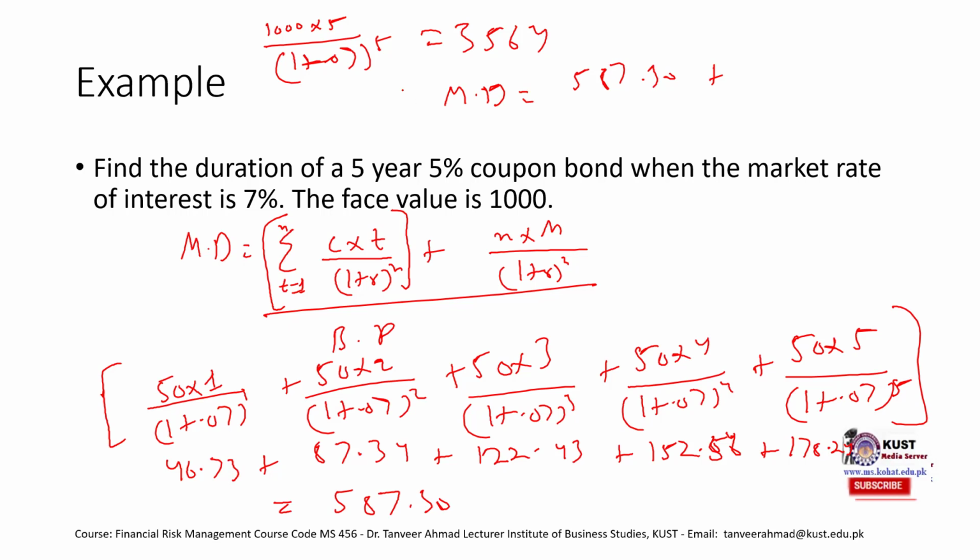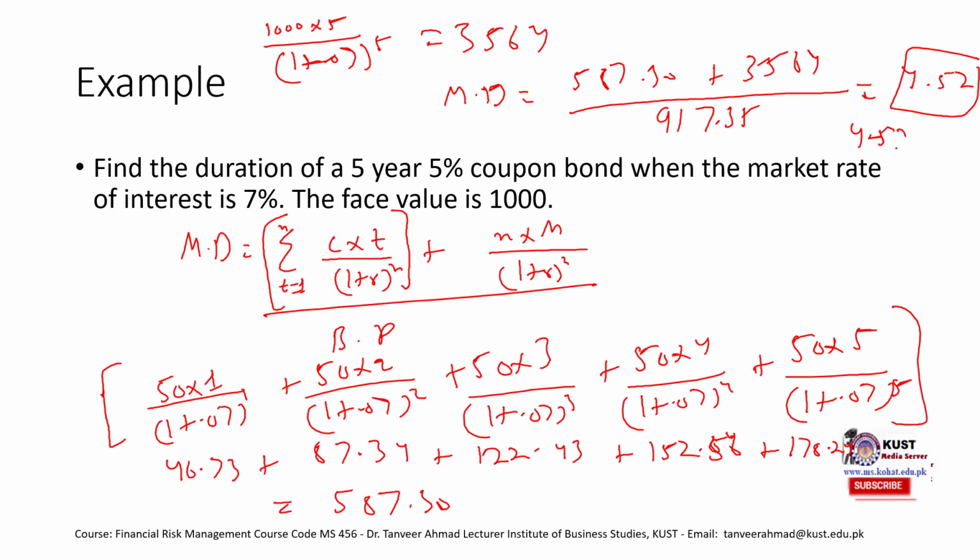The answer to this part of the equation is 3564, divided by the bond price we calculated previously, which is 917.35. So if we solve this, we get 4.52. This 4.52 is in years, right? The answer would be in years.